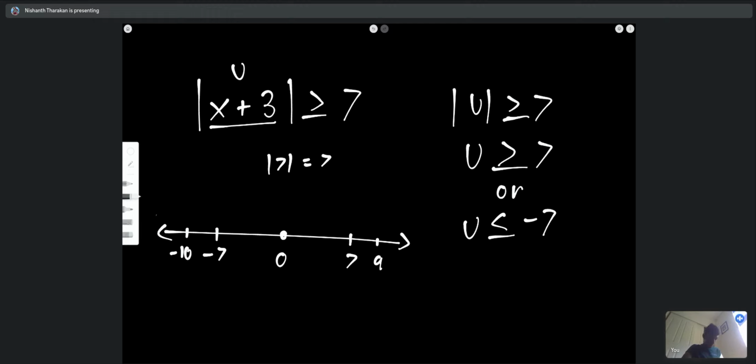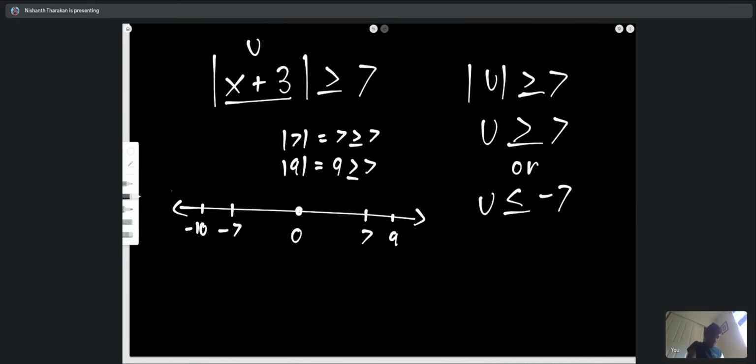And absolute value of 9 equals 9, which is greater than 7. But we'll also see that the absolute value of negative 7 equals 7, and the absolute value of negative 10 is 10, which is greater or equal to 7.